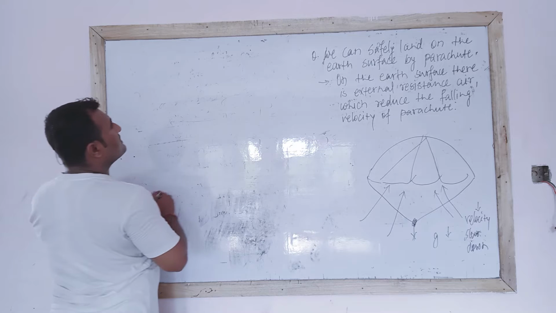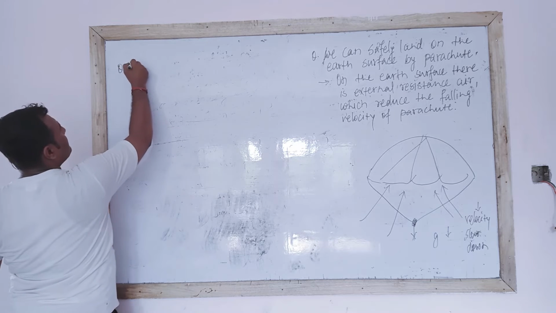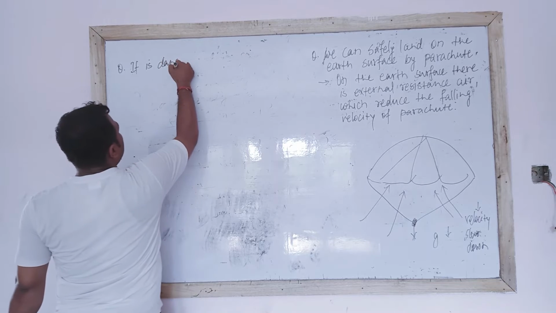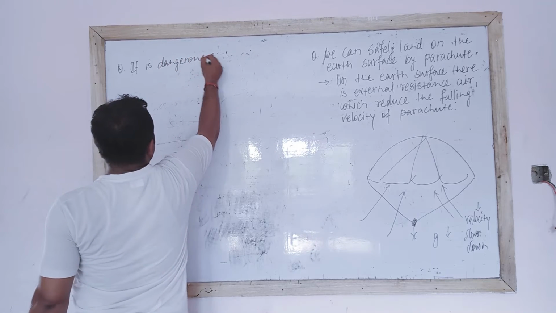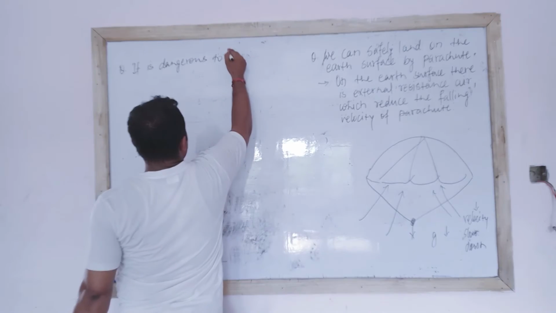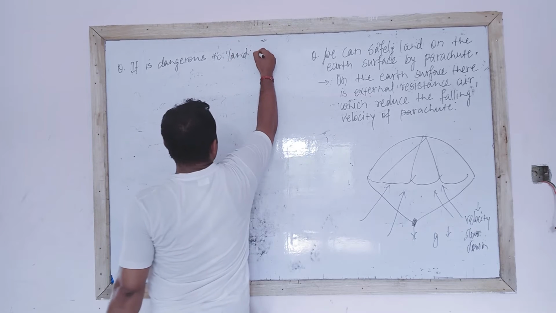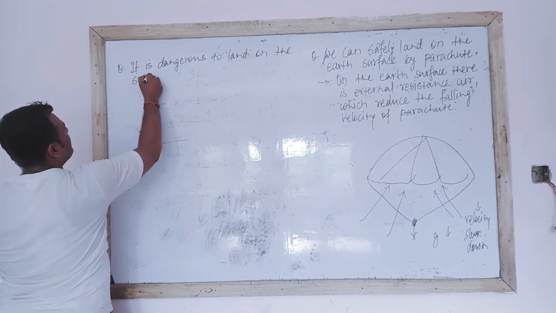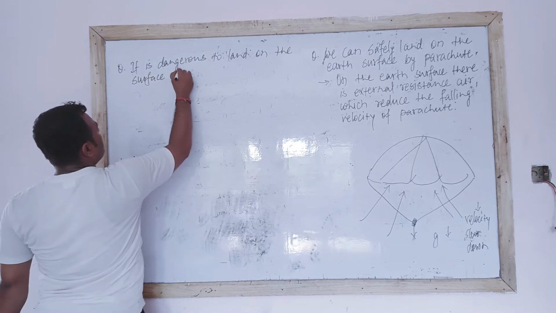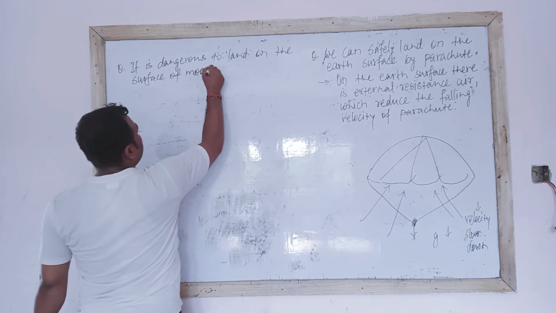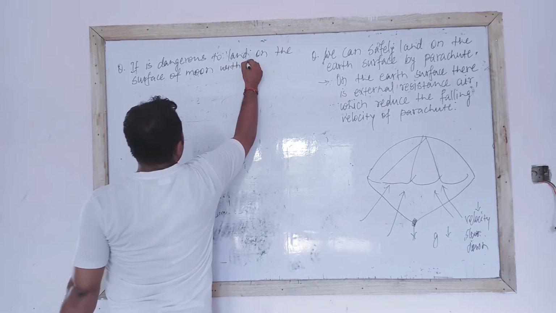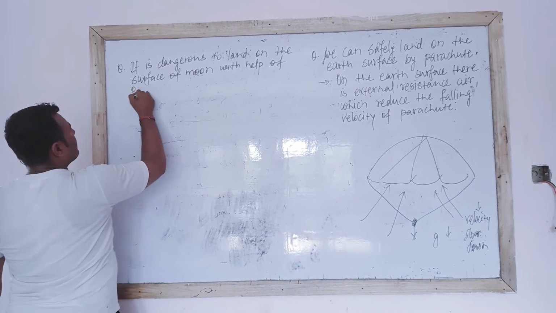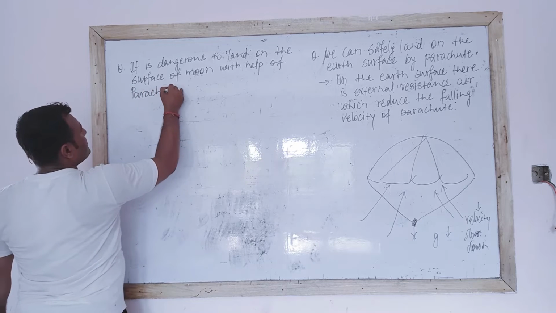Another question and condition we can describe: it is dangerous to land on the surface of the moon with the help of a parachute.